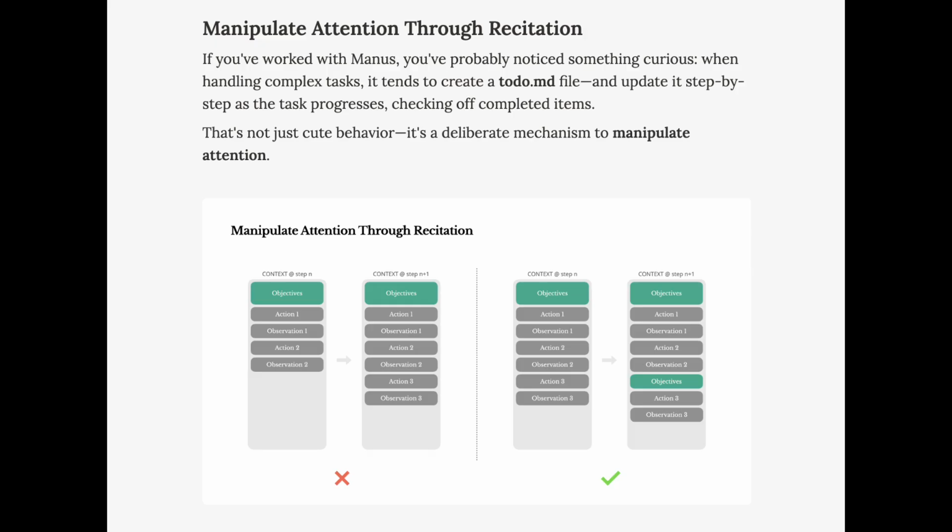The Manus team solves this issue by having the agent regularly rewrite its task list, for example, updating the to-do file or summarizing the next steps at the end of the prompt. By bringing the important goals into the model's recent attention window, the agent stays focused on what matters the most.